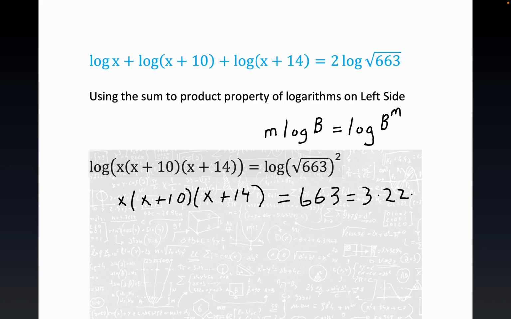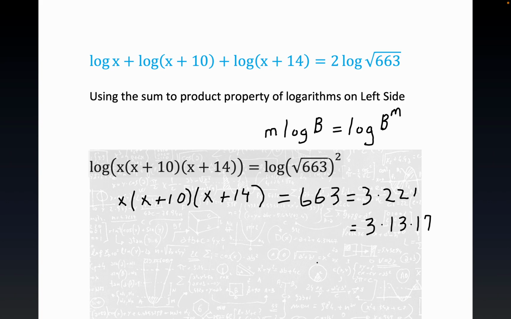Okay, and then a little bit of work is required to show that this is equal to 3 times 13 times 17. It's a prime factorization. And something called the fundamental theorem of arithmetic assures us that any integer has a unique prime factorization.